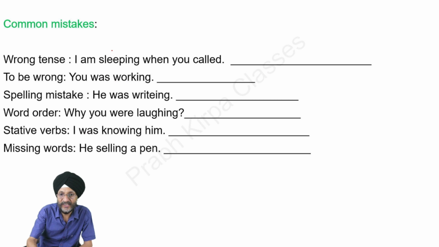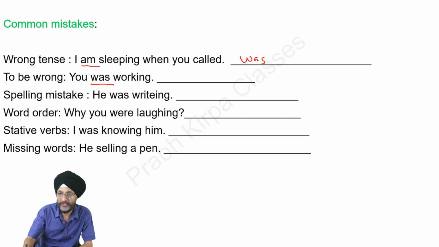Common mistakes which are observed in past continuous tense. Wrong tense: "I am sleeping when you called." You will note that here "am" has been used as helping verb, where we have to use "I was sleeping when you called." Here, "you was working."